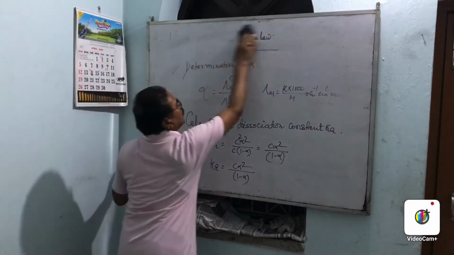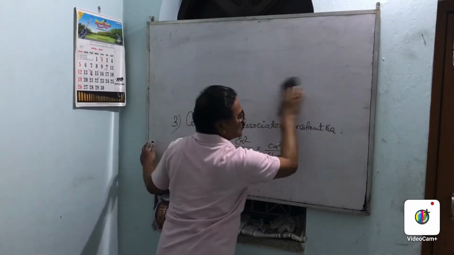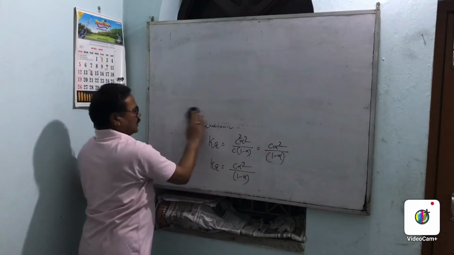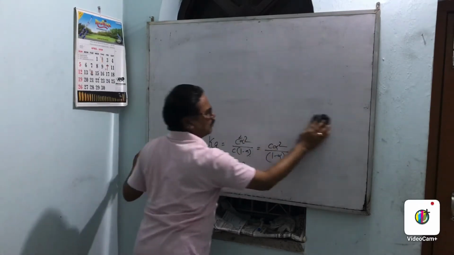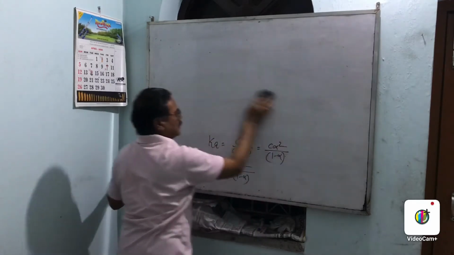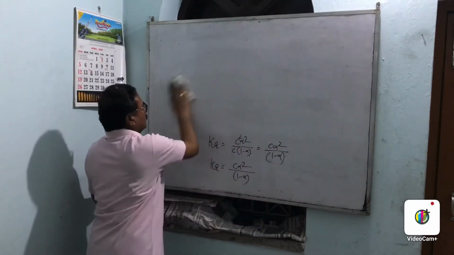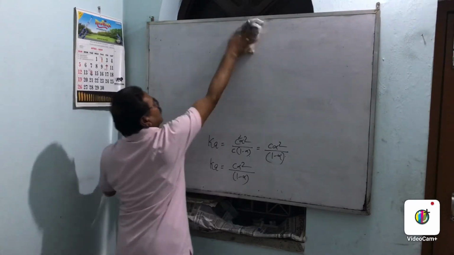Now another topic we start: electrolysis and the quantitative aspects of electrolysis, and another most important one, the criteria for product formation in electrolysis. Now we discuss one by one.